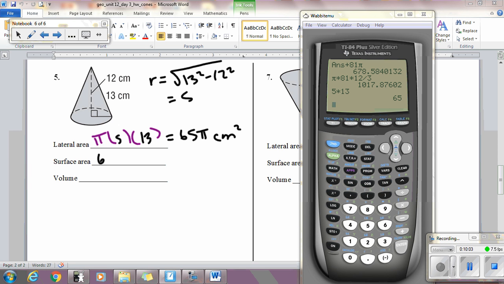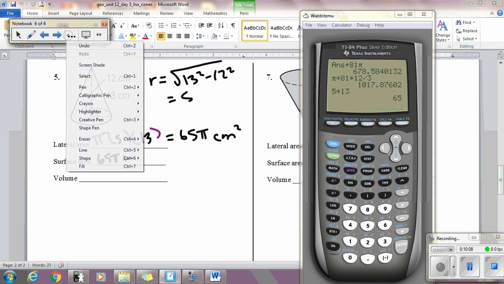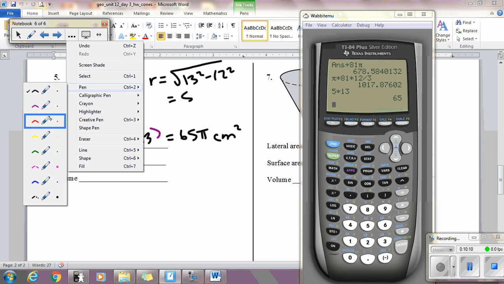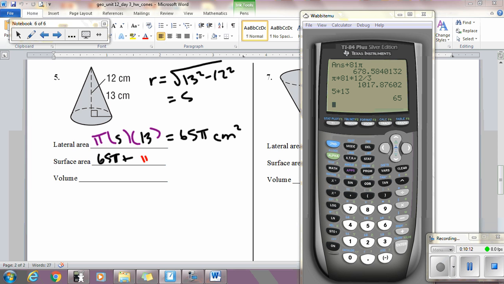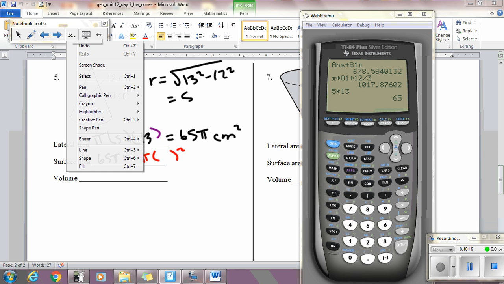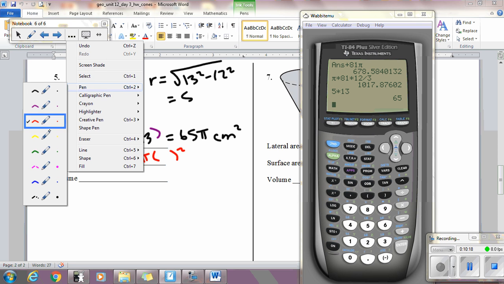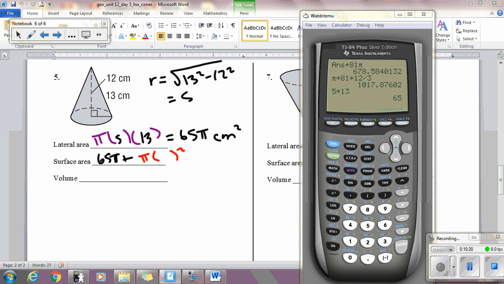So we can bring that down for our surface area, and we're going to add pi times our radius squared. Our radius, again, is 5. So essentially, you're taking 65 pi plus 25 pi.